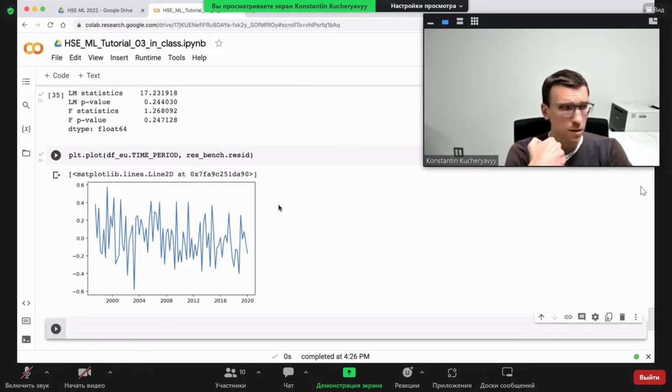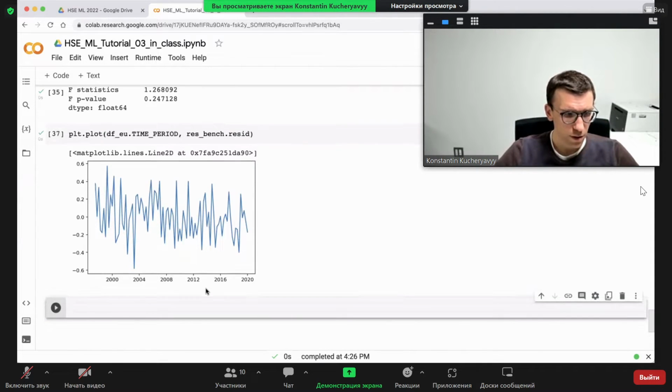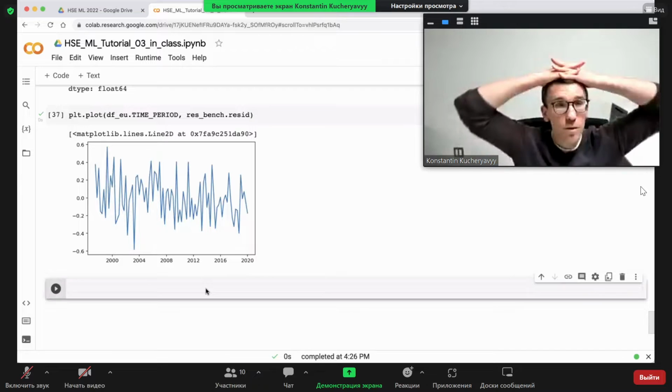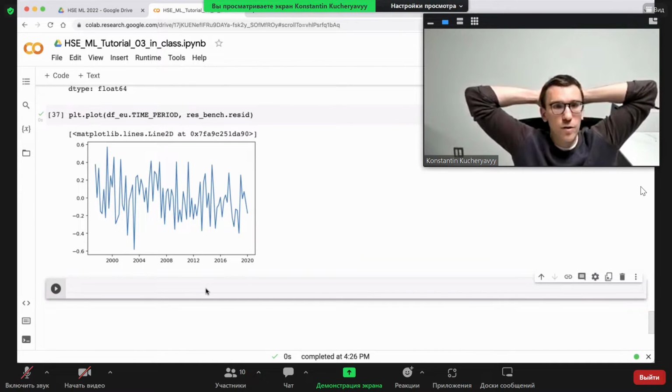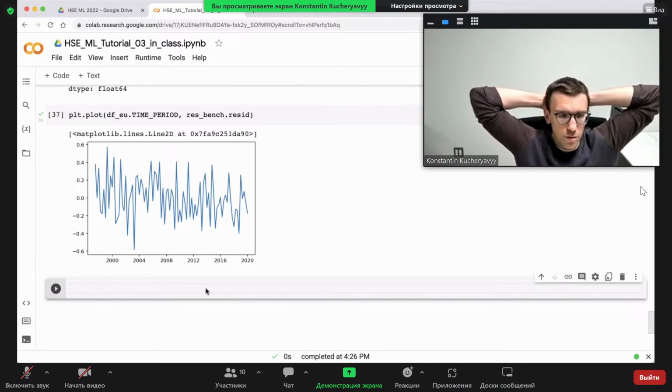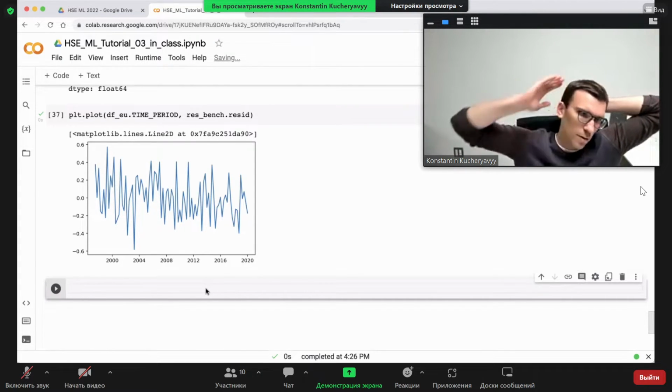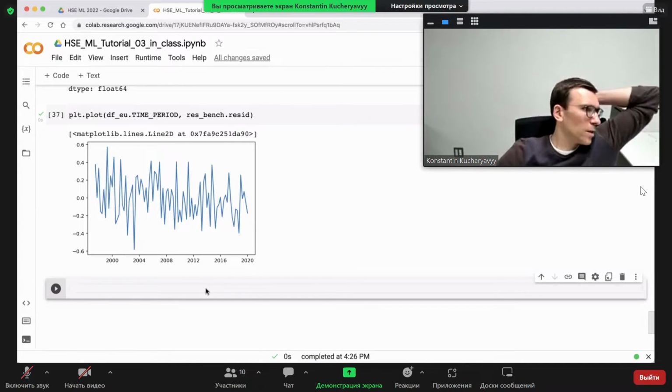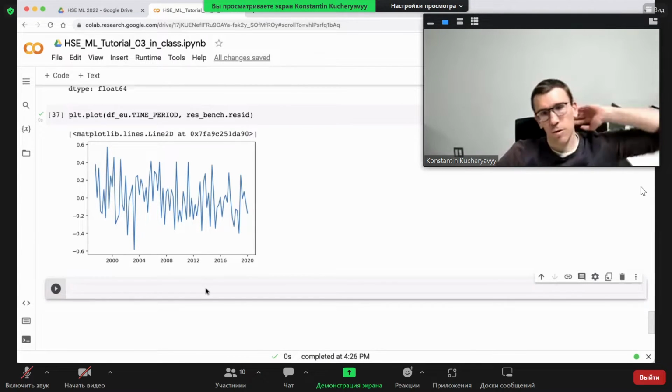And the formal test is Durbin-Watson. It's one test of first order serial correlation. It literally runs a regression of residuals on the lagged residuals and tests if the coefficient is 0 or not.